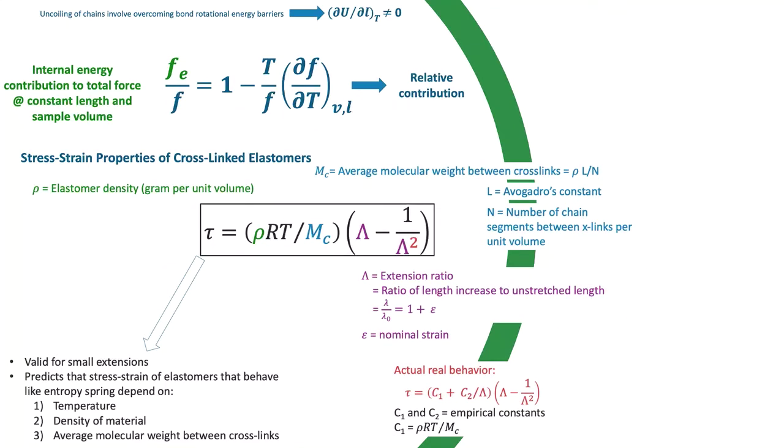Now this equation is valid for small extensions. It predicts the stress-strain of elastomers that behave like an entropy spring, depending on temperature, density of the material, and average molecular weight between crosslinks, which can be expressed through the term MC.